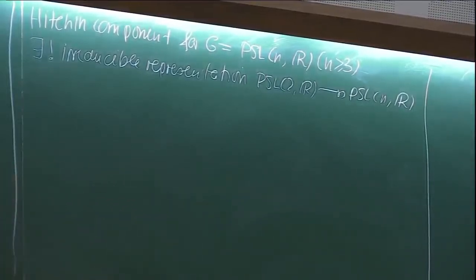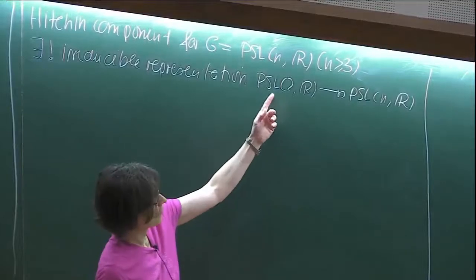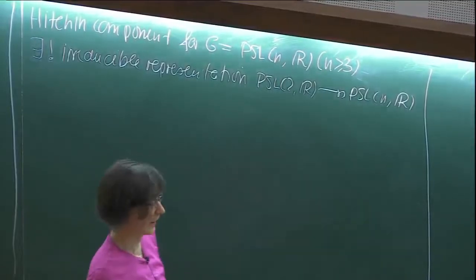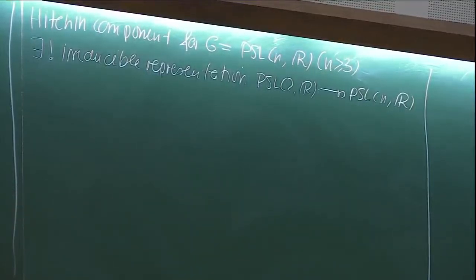And now what you of course do is you take your group gamma and you represent it as a subgroup of PSL(2, R), and then you move it into PSL(n, R) via this representation.